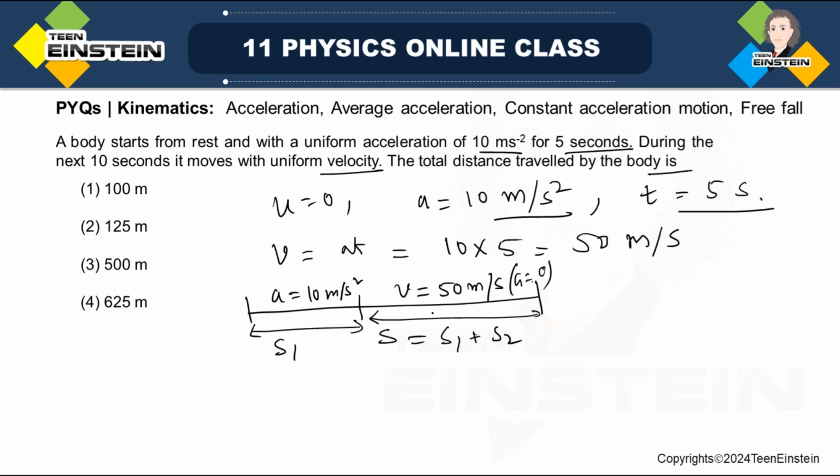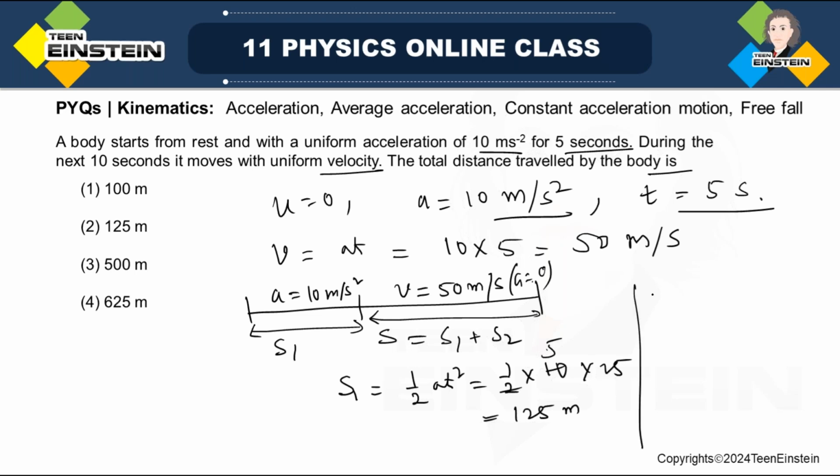Then can you find out what is s1? See, u is 0, so s1 is half a t square. a is given 10, t is 5 seconds, so t square is 25, and half of 10 is 5, so 125 meter it goes. S1 is equal to 125 meter in 5 seconds.